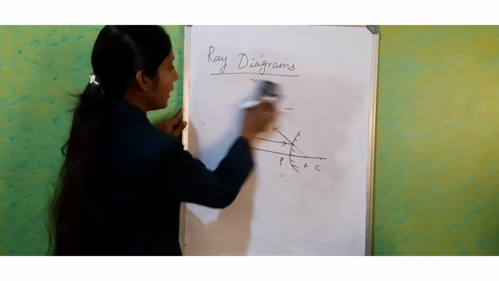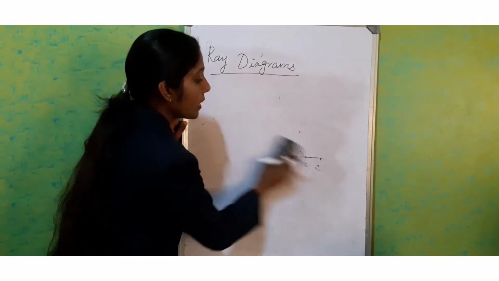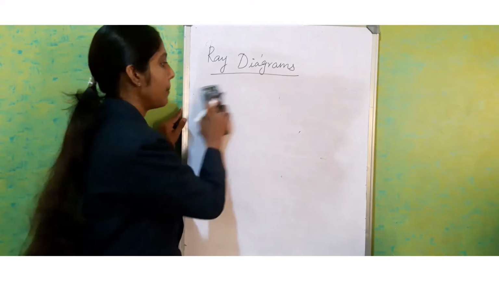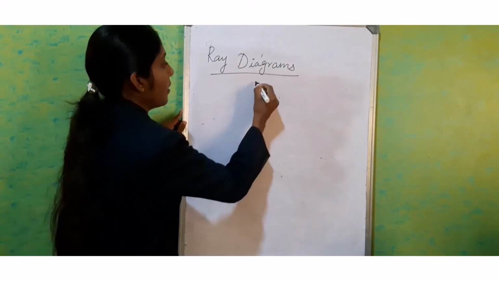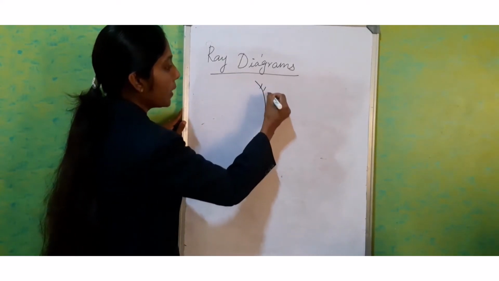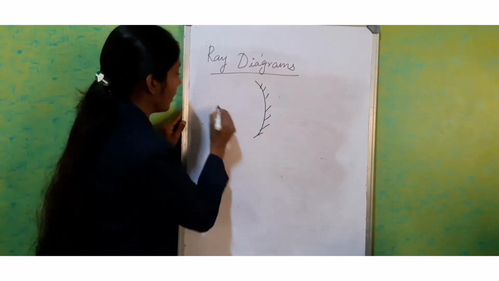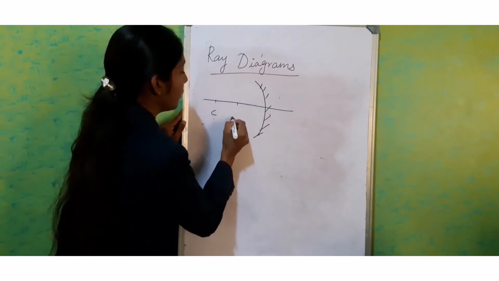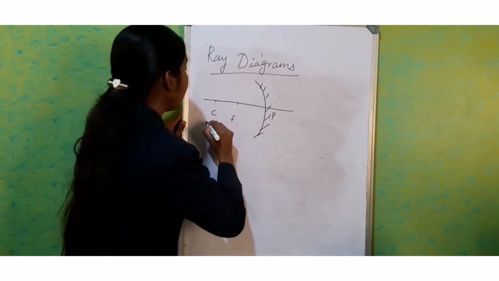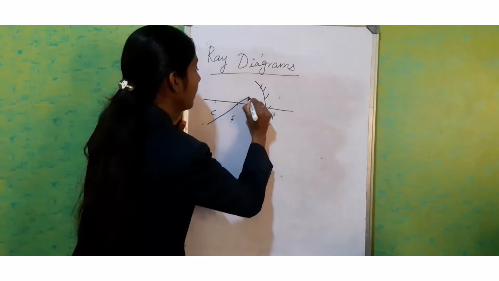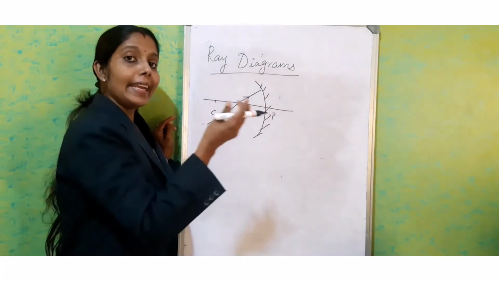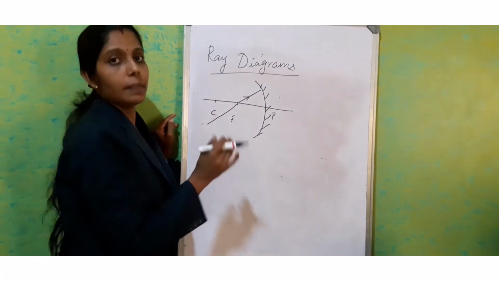Now the third condition: a ray passing through the focus, how will it reflect back? This is the center of curvature, focus and pole. If a ray passes through the focus, after reflection it will be parallel to the principal axis.